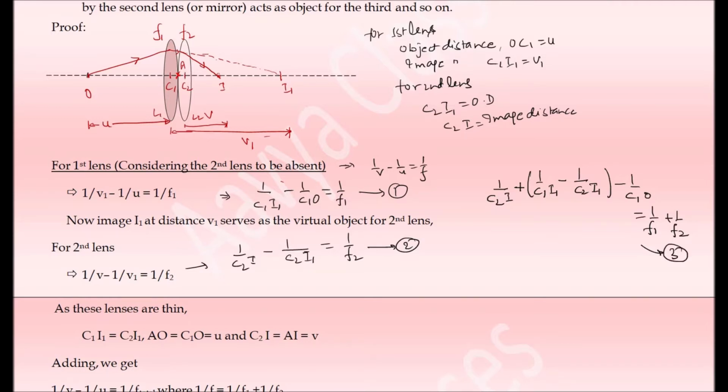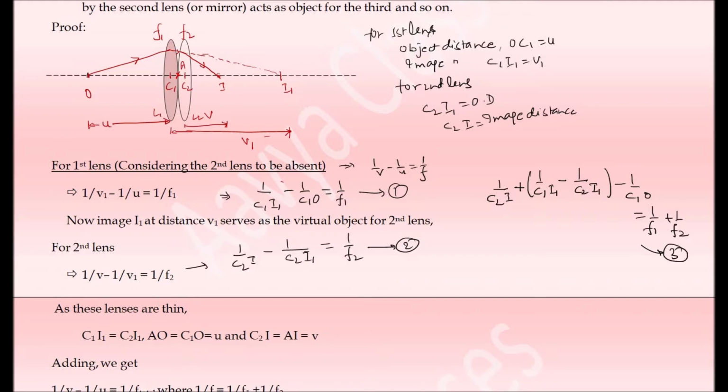Now, as I have already told, this equation is valid only for thin lenses placed coaxially. So for thin lenses, C1I1 is equal to C2I1. Again, AO, that is the object distance from this equivalent lens. We are considering an equivalent lens to be placed at this point having A as its optical center. So the object distance from point A, that is AO, is equal to C1O, and it is equal to C2O, because we are considering these two lenses are thin.